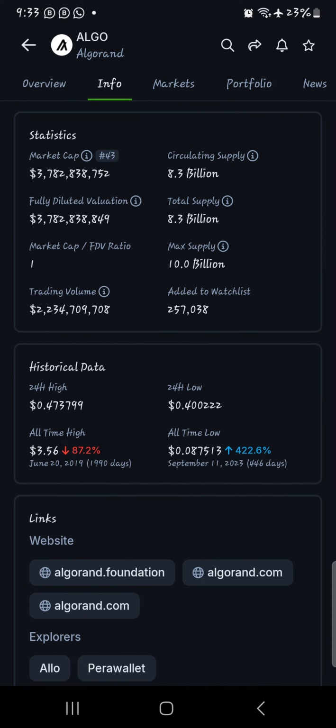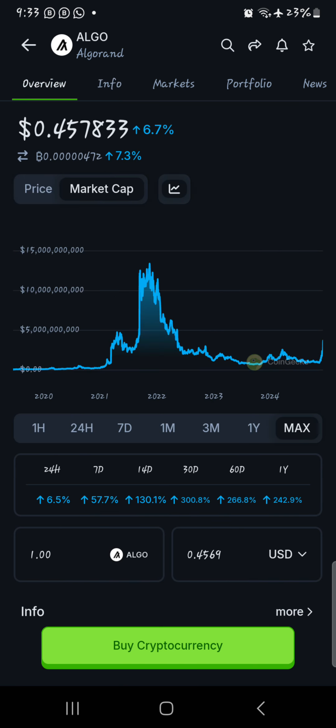Current market cap 3.7 billion. So that's 4 billion. But their current price is 0.4. Now, all-time high is at almost 10 times this, which brings it to over 30 billion in market cap. So if you look at it from here, definitely we see, oh, not 30, this 10 billion.